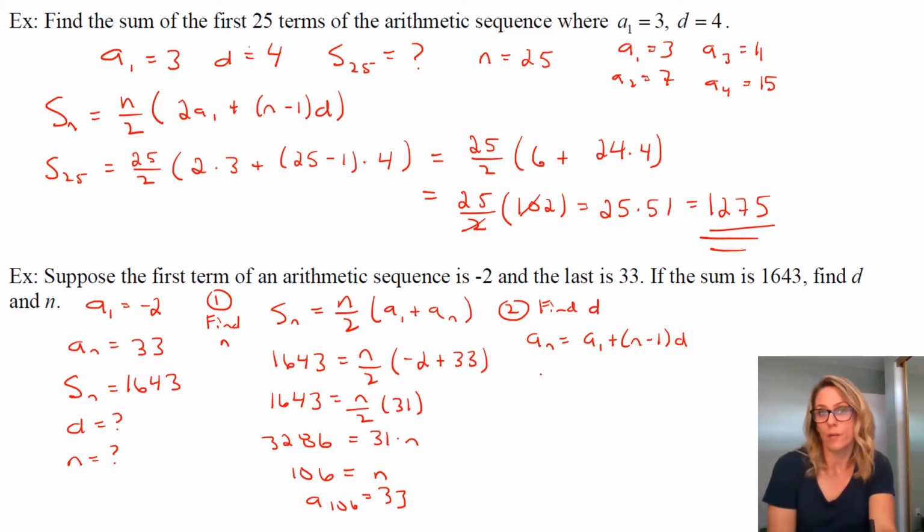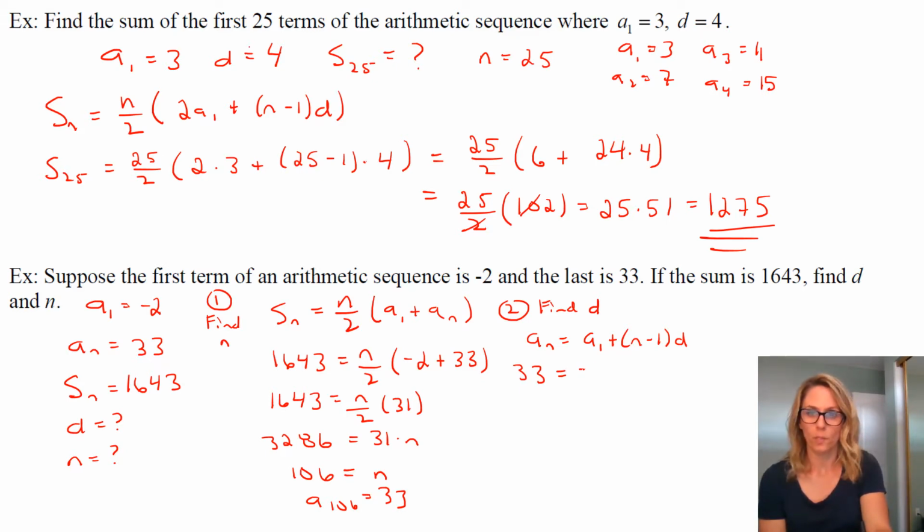So we have all this information that we need, and then we'll solve it for d. So we have a sub n, that's the 33, it's the last term. And we have our a sub 1, which is -2. We just found our n, 106, so we have 106 minus 1, which is 105, times d.